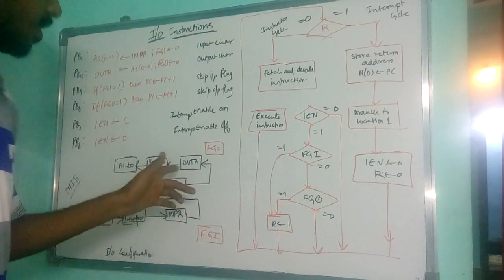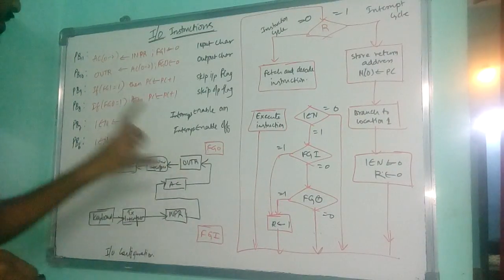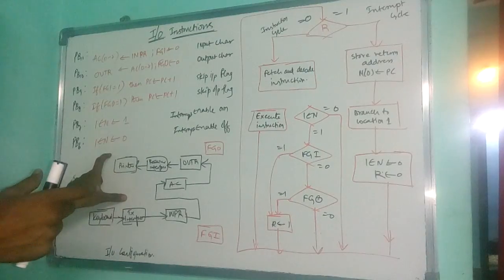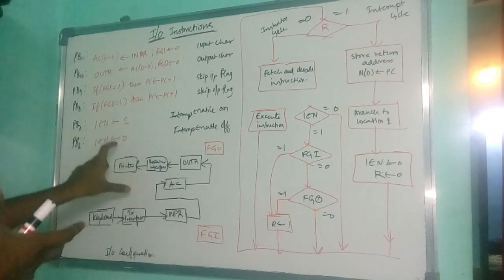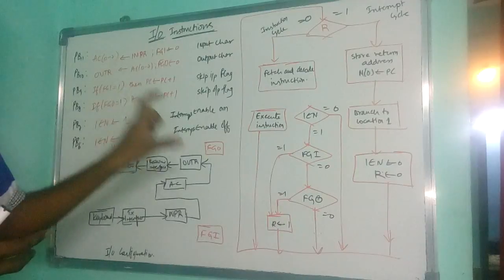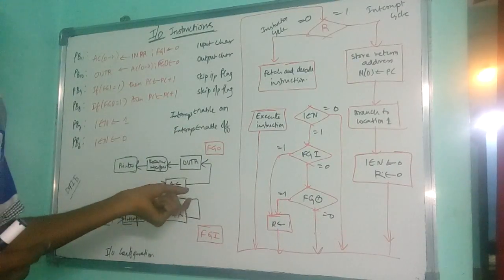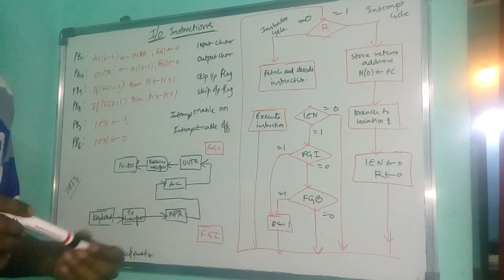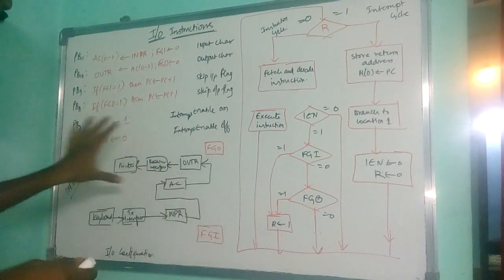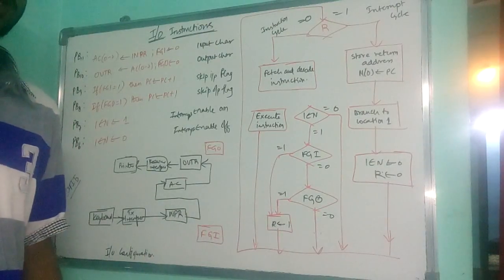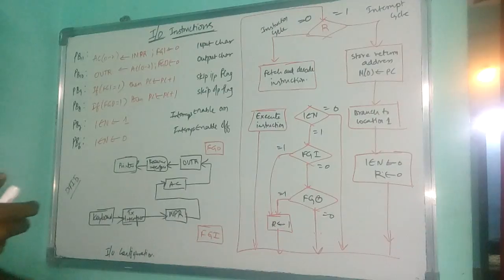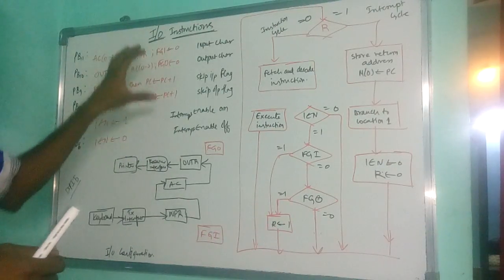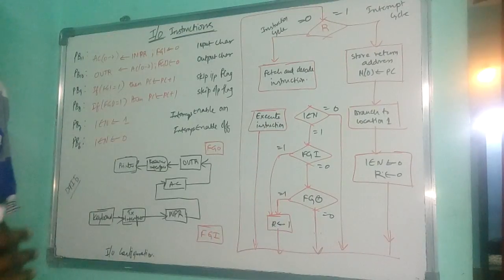Similarly, the same is the case with the output register. Until it prints the given instruction, it does not read the next instruction coming from the accumulator. This is how the input output configuration is made.